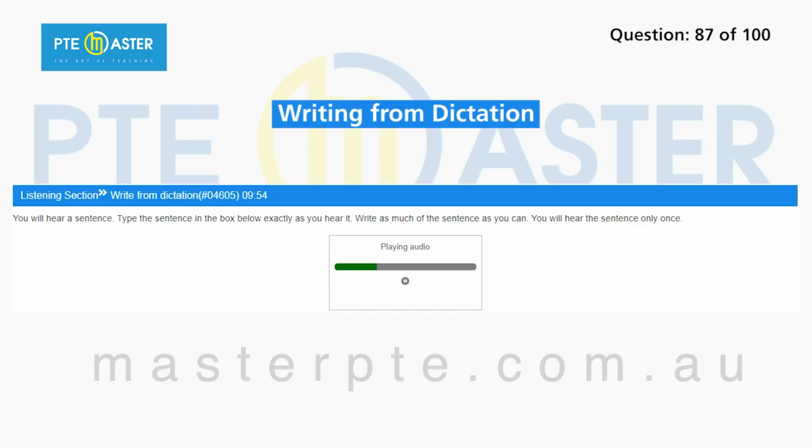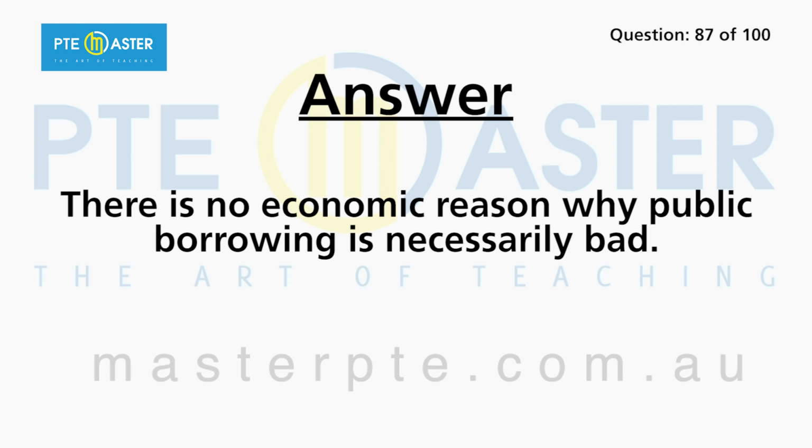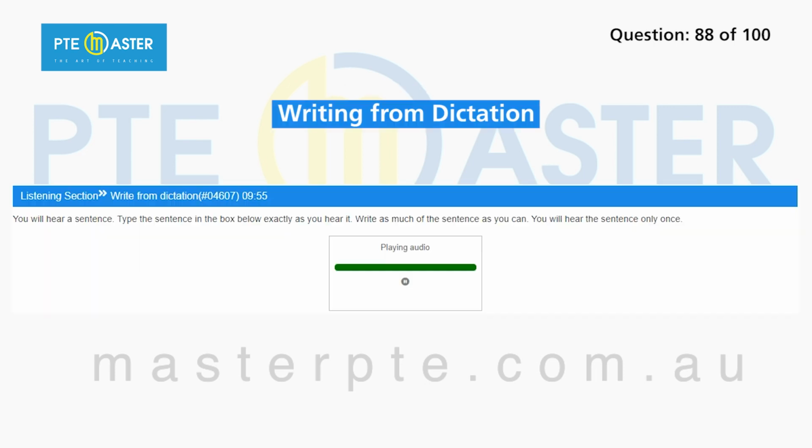There is no economic reason why public borrowing is necessarily bad. An academic essay uses references from both primary and secondary sources.